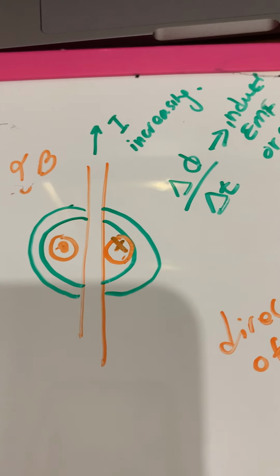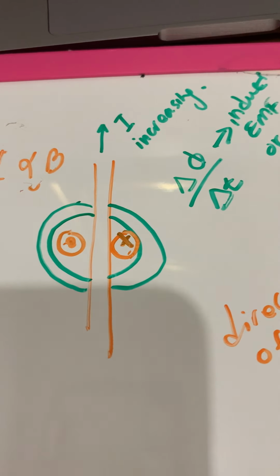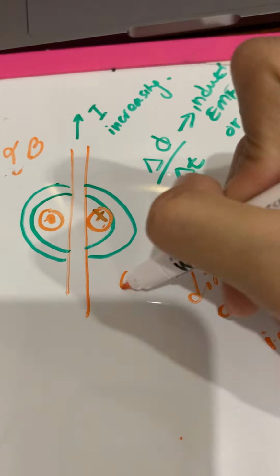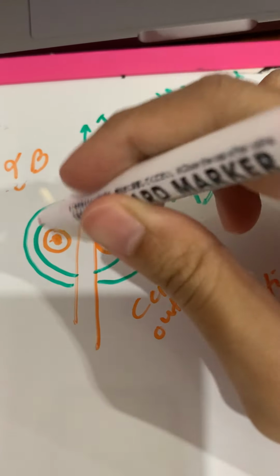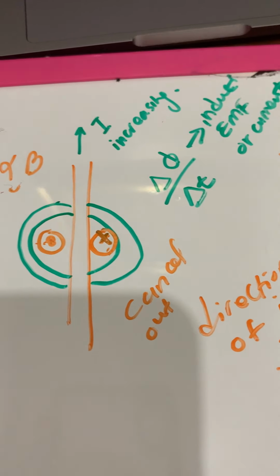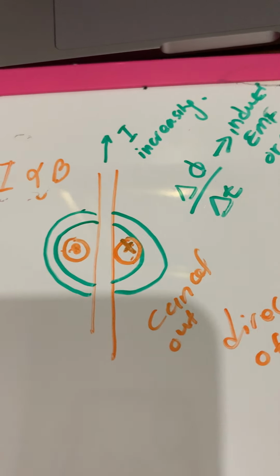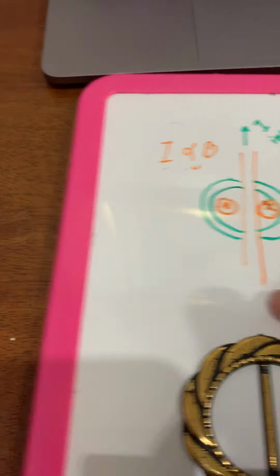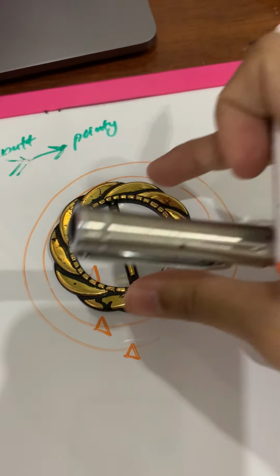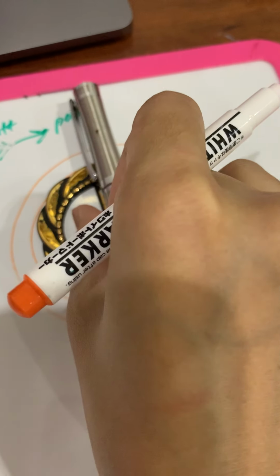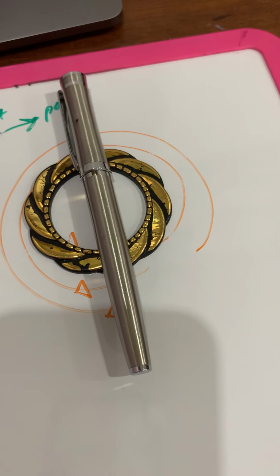So every time you have an increase, both sides will have an increase as well, and they cancel out because the magnitude of this B is the same as the magnitude of this B. Remember, it's symmetrical. So let's put it here. It's symmetrical. So whatever goes into my coil will be the same.